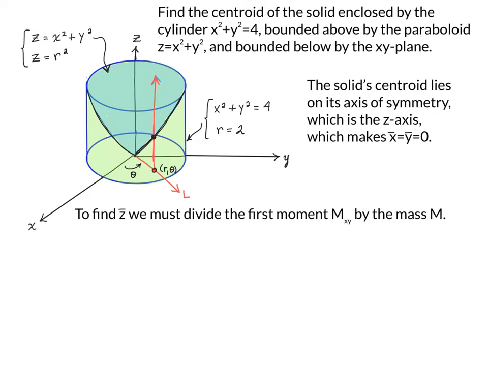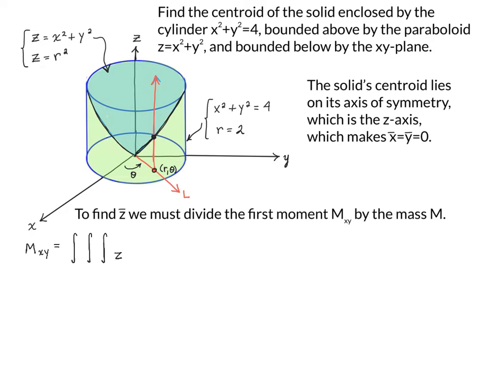So let's start by finding the moment. And we want to integrate this volume. So let's think about our limits of integration. This is a triple integration over the volume with respect to z.